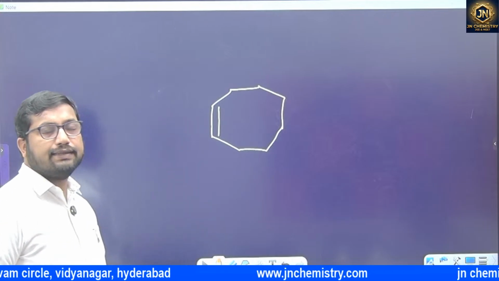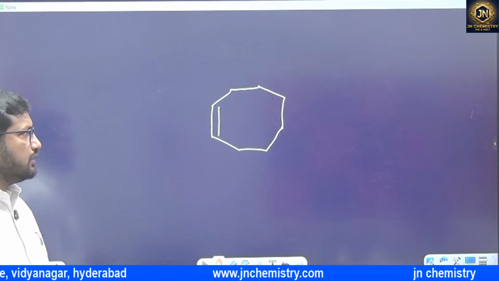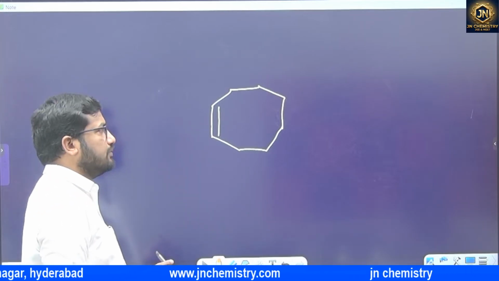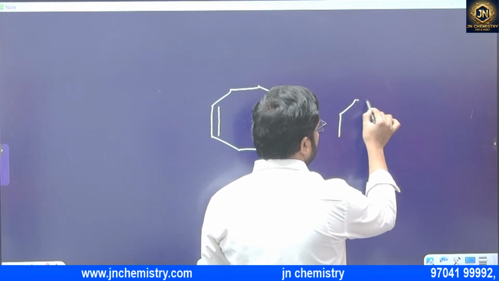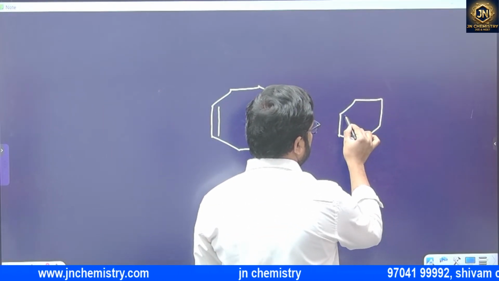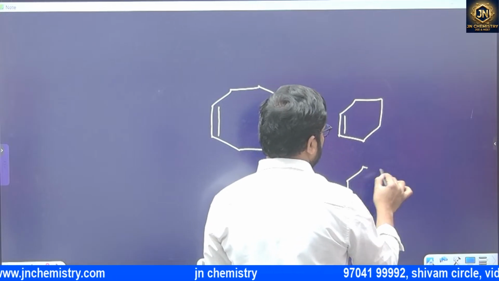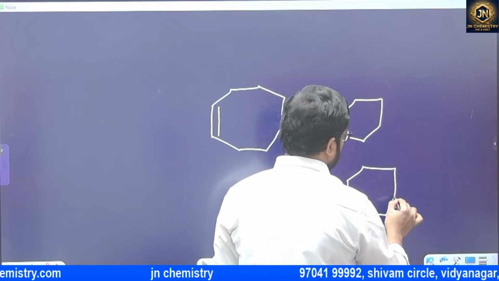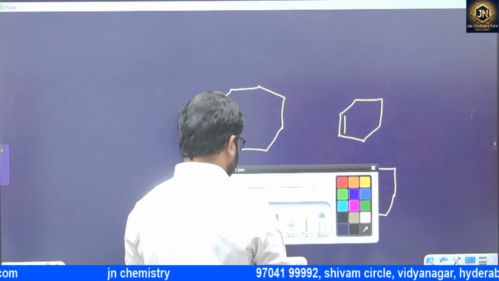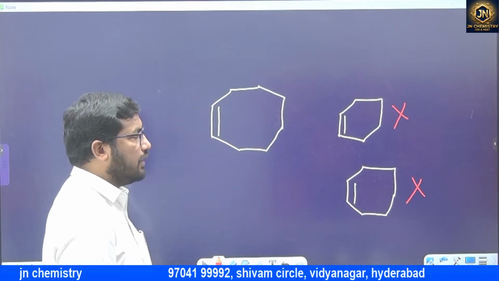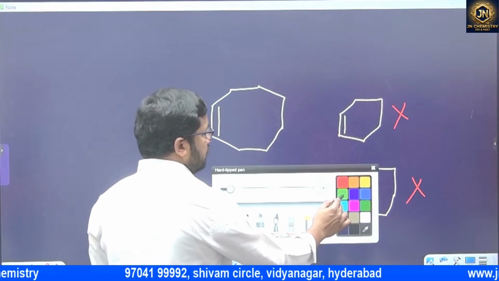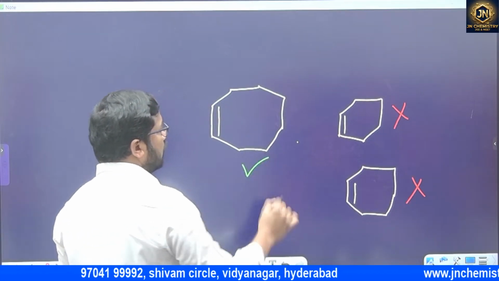For cycloalkenes, minimum 8 carbon atoms are required to show the geometrical isomerism.